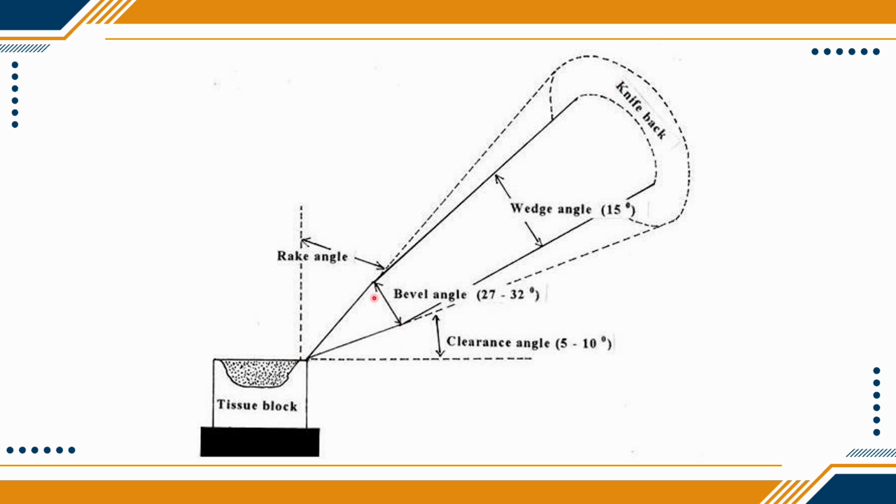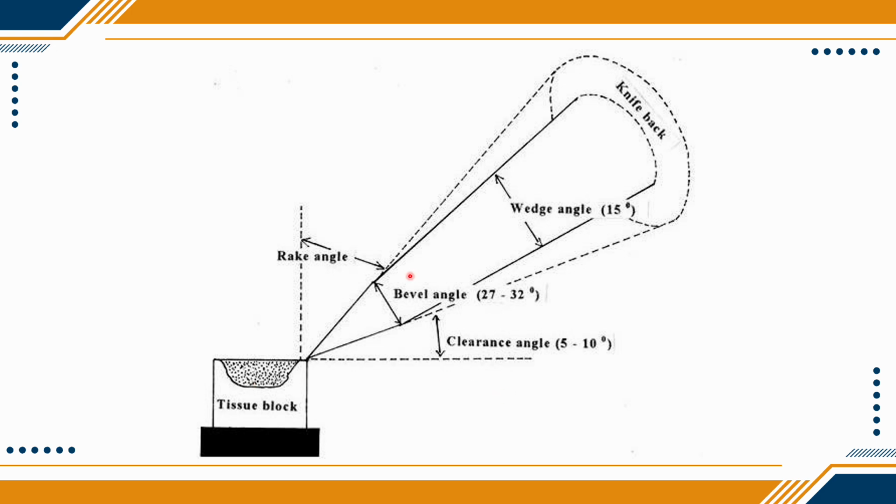The angle made by this facet and this facet is what we refer to as the bevel angle. Now, perpendicular to the tissue block against the front facet of the blade is what we refer to as the rake angle. Again, clearance angle is from the bottom facet perpendicular to the surface of the tissue block.